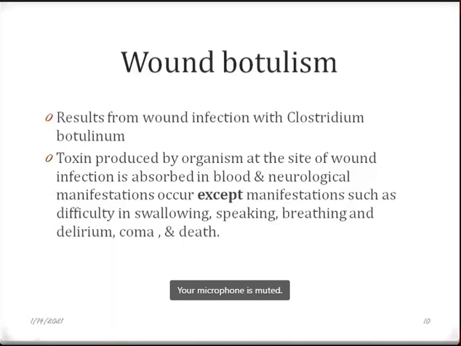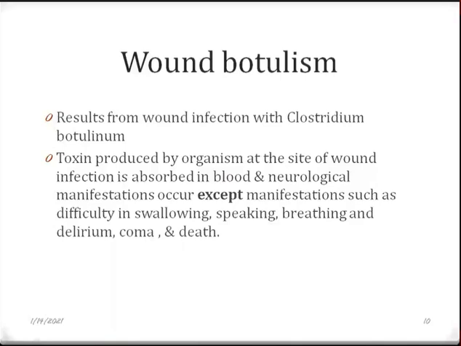Toxin produced by Clostridium botulinum at the site of wound infection is absorbed in the blood, and neurological manifestations occur, such as difficulty in swallowing, speaking, breathing, delirium, coma, and death.